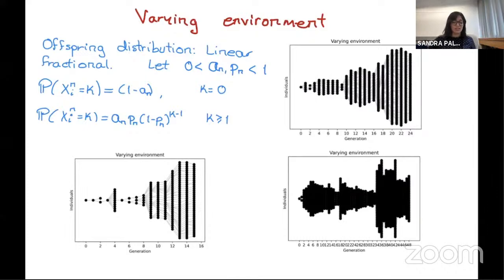And as you can see, it's not easy to know what is going on with our process. We have these funny shapes. Sometimes you think that it will die, but at some moment it starts to grow. So an interesting question is what is going on with this process? Can I say if I will have extinction or not?